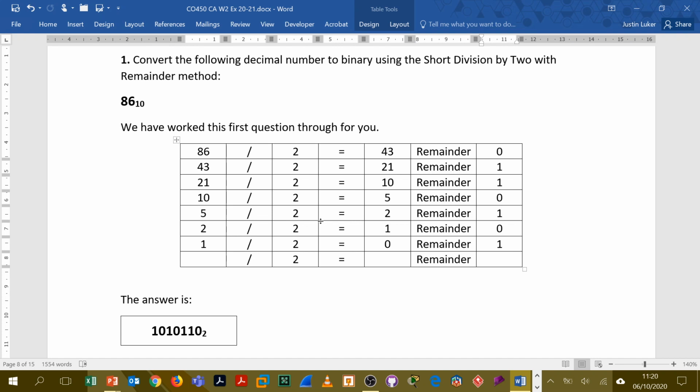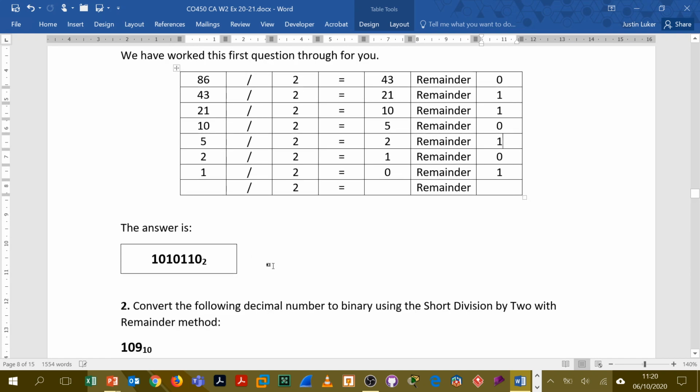So it's 10 remainder 1. 10 brought down, divided by 2 gives us 5, exactly, no remainders. 5 divided by 2 will give us 2, remainder 1. 2 divided by 2 will give us 1, and again, no remainder there. 1 divided by 2 will give us effectively less than 1, so we just simply say 0 with remainder 1. And that 1 actually becomes the last bit within our conversion here.